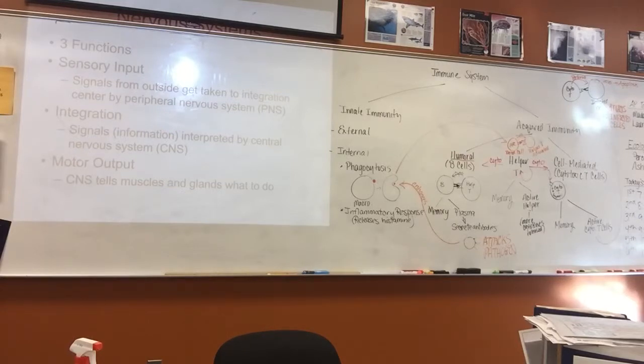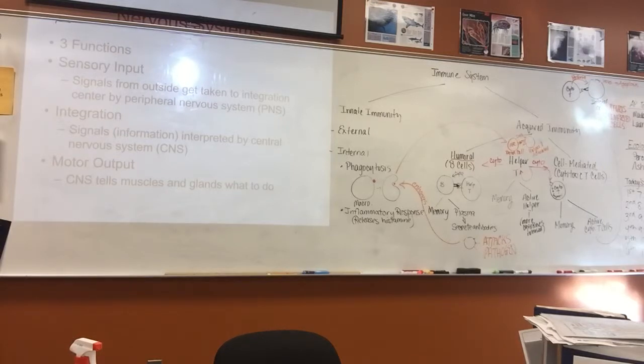Signals or information are interpreted by your central nervous system. And then you have your motor output, where your central nervous system sends signals back out to cause muscles to contract or glands to act. It could be to release a hormone or something like that.